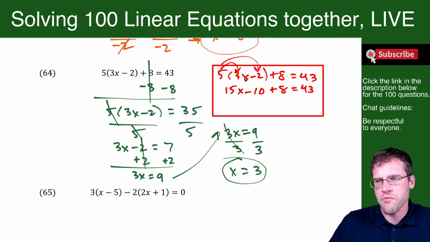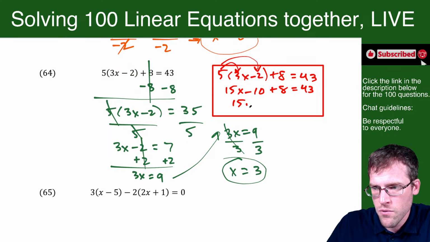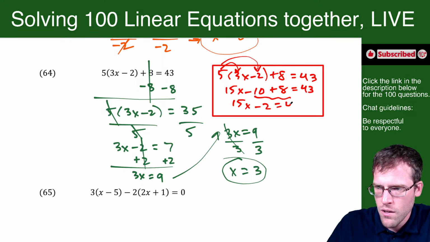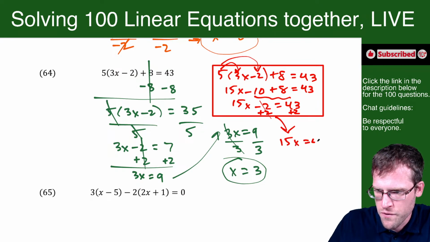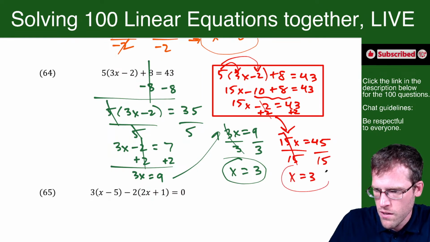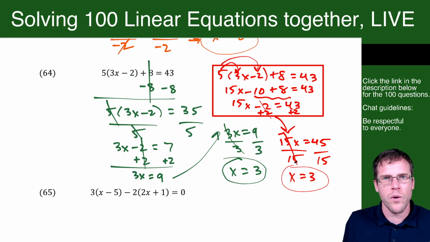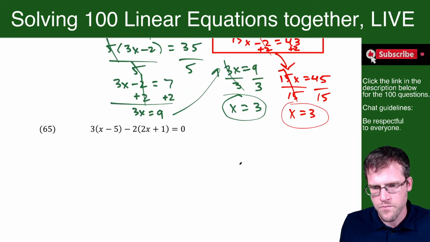We could also go this route here, but then you'd have to do -10 plus 8 is -2, and this is equal to 43. So then you do +2 on both sides, and I guess I'll just write the rest over here. So that's 15x equals 45, same exact answer. Okay, x is equal to 3. So either way, if you do it the red way or the green way, you get the same answer.